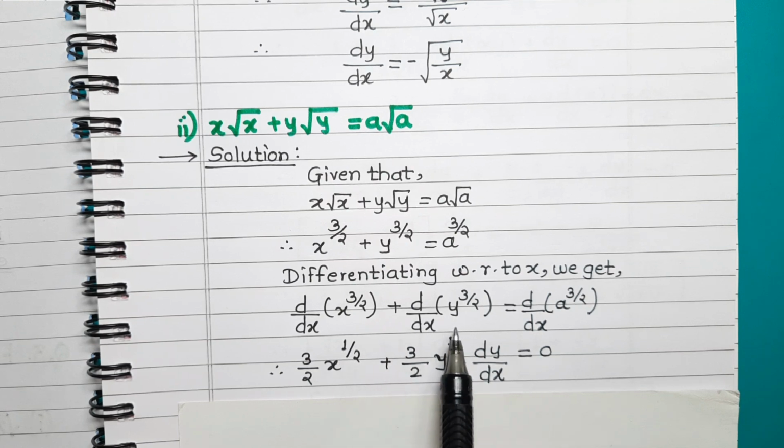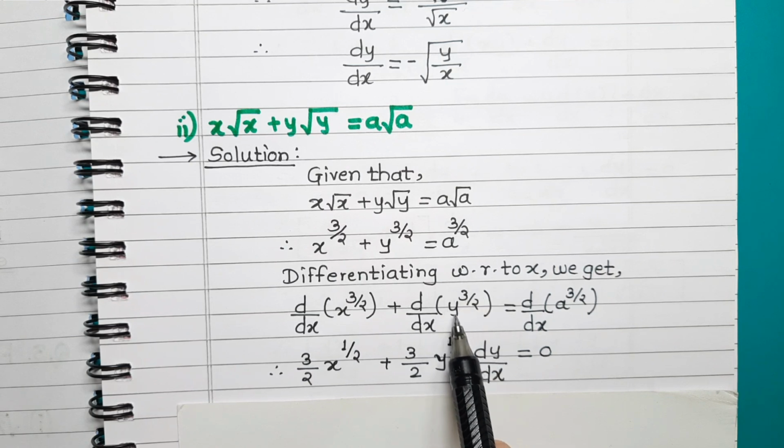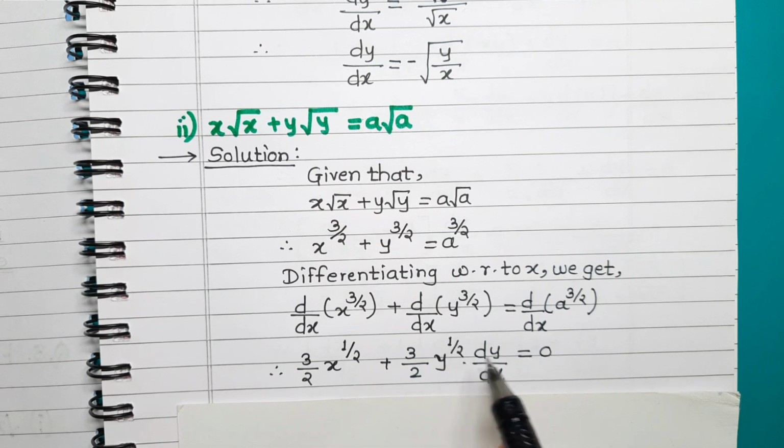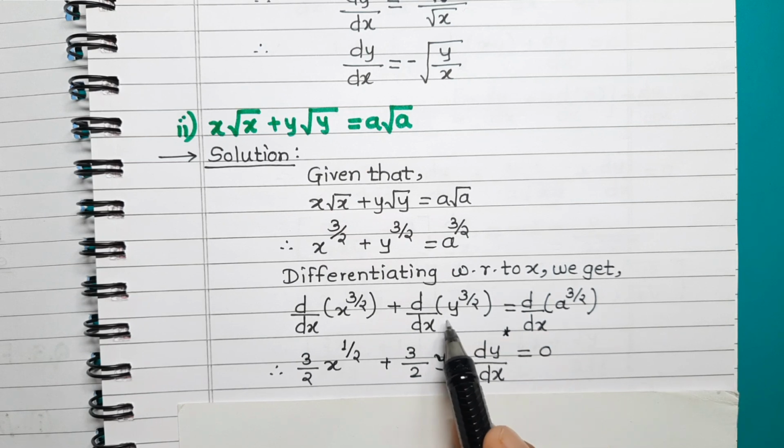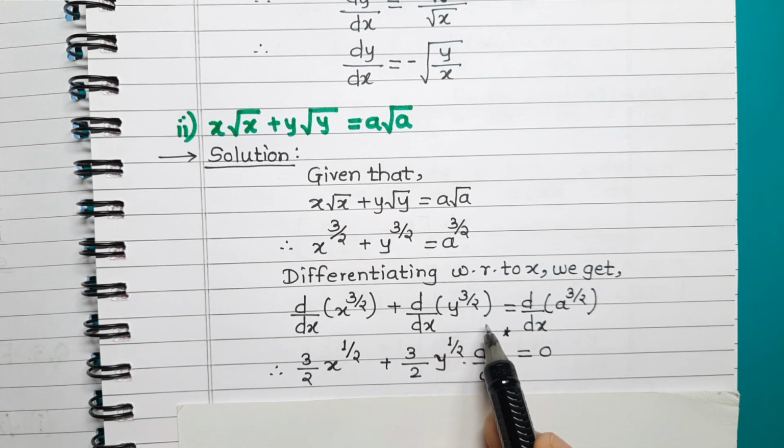Okay, plus see here, we are going to treat this function as something raised to 3 by 2. Okay, and so its derivative is 3 by 2 into something raised to half into the derivative of something, and something is this y function. So you note this derivative properly. Okay, how we have evaluated this derivative of y raised to 3 by 2.